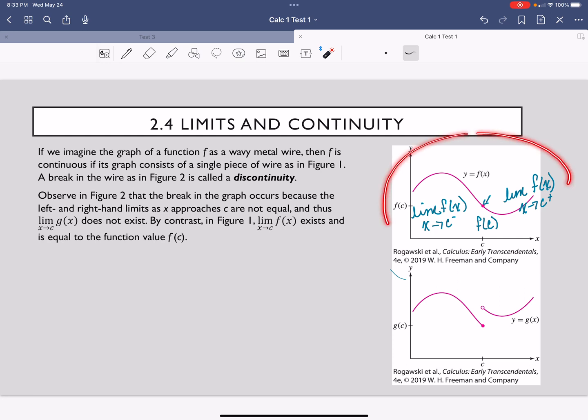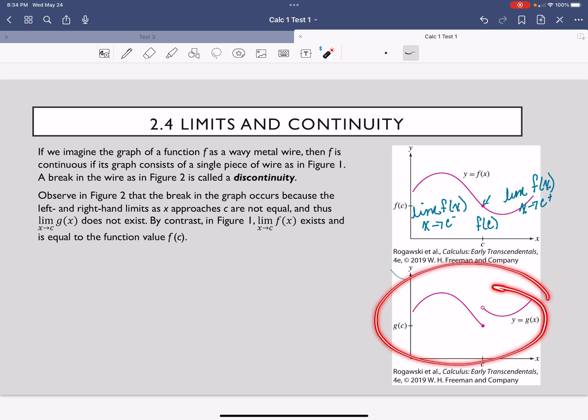So this is a continuous function because the limit from the left, the limit from the right, and f of c are all equal. What we're looking at right here is called a discontinuity, or a discontinuous function, because they are not all equal.